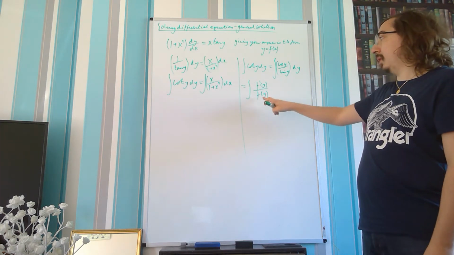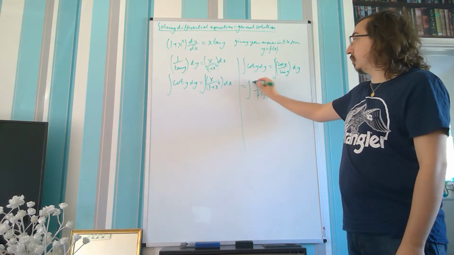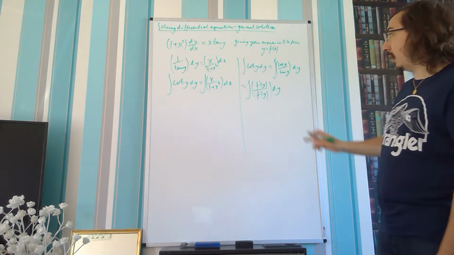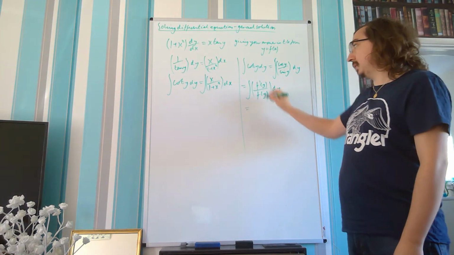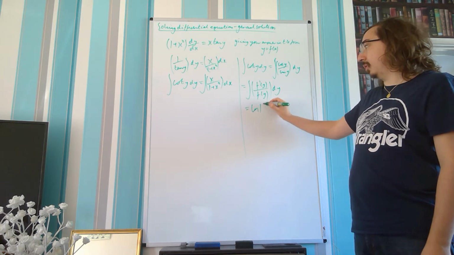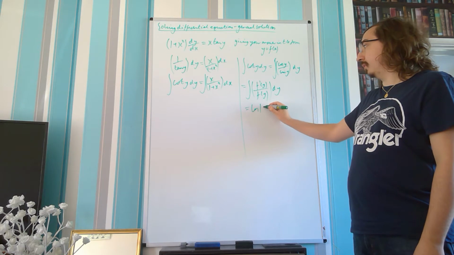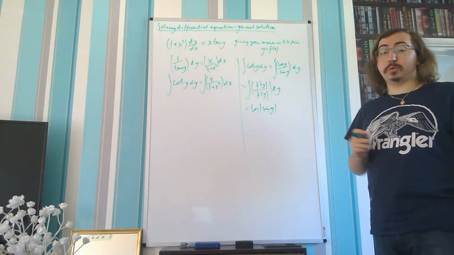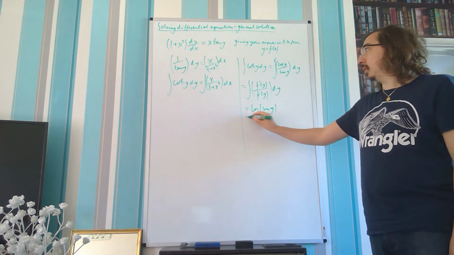So you've got the differential of the function over the function, which you are then integrating with respect to y. And whenever you have a situation like this, it means you end up with a natural logarithm of the function. So in this case, sine y. So that's going to be our solution for the left-hand side.